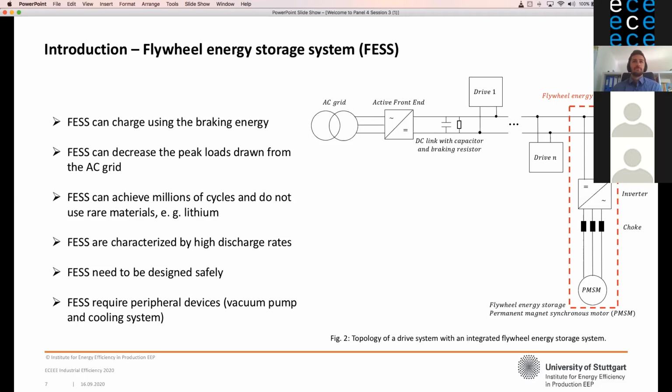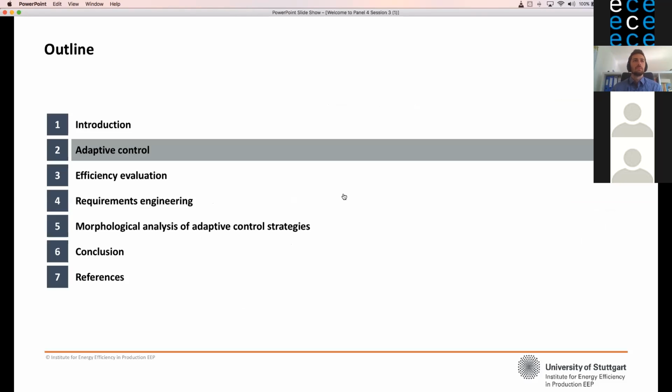Right. Next slide is taking a while. Okay. So the second chapter of my presentation is the adaptive control.